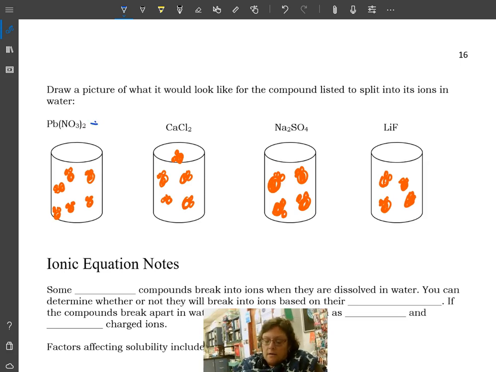All right, lead nitrate's going to dissociate into lead ions and 2 nitrate ions. So if we put this in here, the lead would be attracted to the negative end of the water molecule, and the nitrates would be attracted to the positive end.